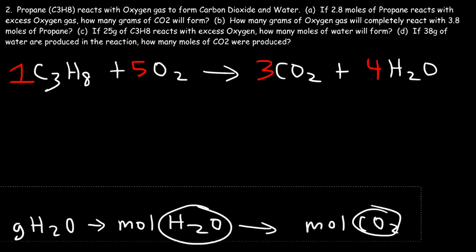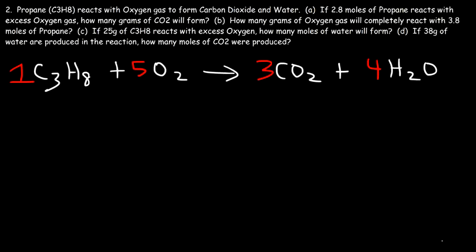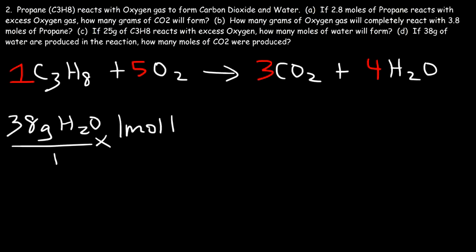So let's begin. If you want to pause the video and work on this problem, feel free, go ahead, because the best way to learn is through practice, by taking action. So let's start with 38 grams of H2O, and let's convert it to moles. So we need to find the molar mass of water. So we have 2 hydrogen atoms plus an oxygen atom.